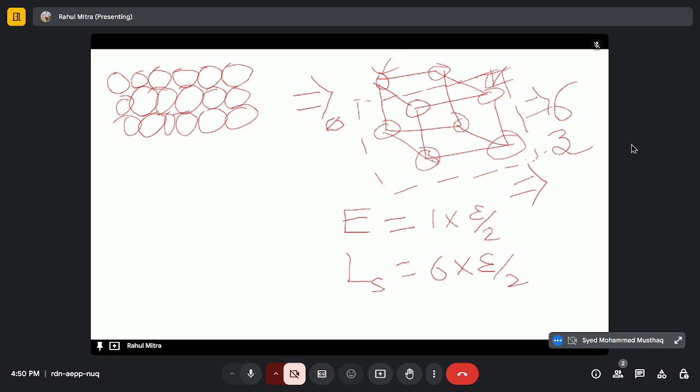For any crystal structure, this coordination number will be written as Z. So that excess energy E will turn out to be 1 into sublimation divided by Z.